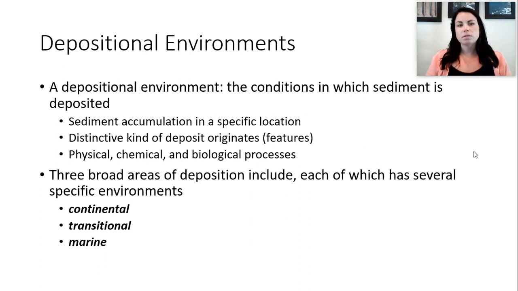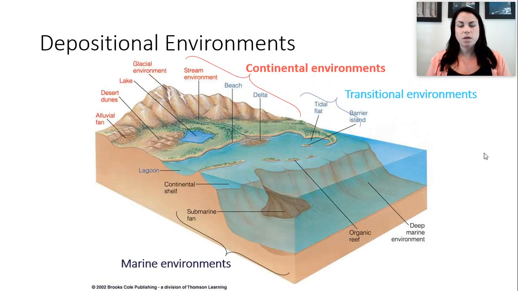And when we talk about depositional environments, there's generally three broad categories. First is continental, second is transitional, and third is marine. So here's a diagram of where we see these different environments. Again, first is continental, and this is where we're typically on land, and we have depositional environments like glaciers, streams, lakes.